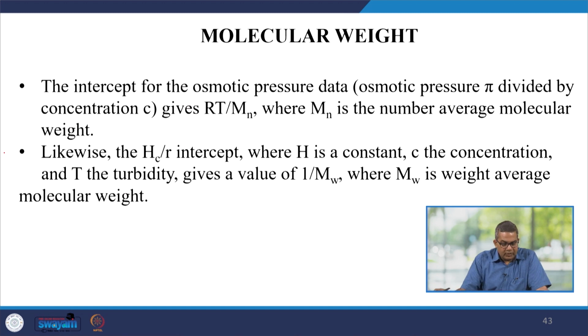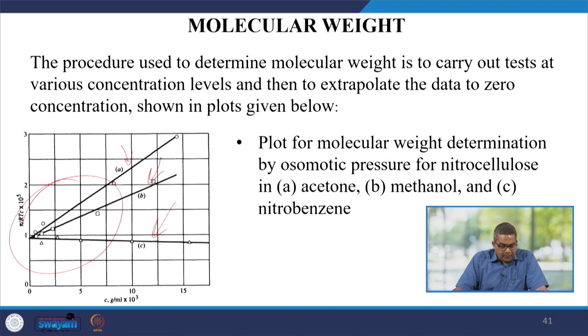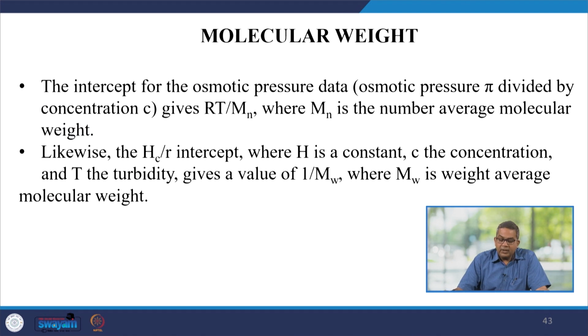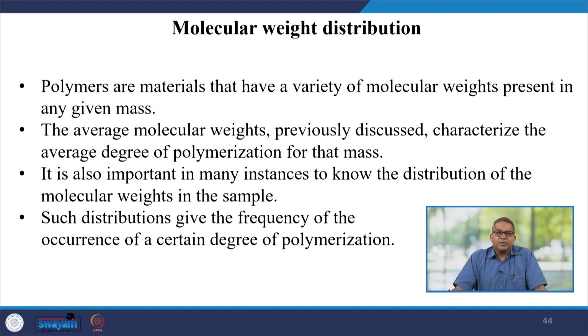Now the intercept of osmotic pressure: the osmotic pressure divided by the concentration gives RT over Mn, where Mn is the number average molecular weight. Likewise, in the light scattering, HC over tau, where H is the constant, C is the concentration and tau is the turbidity, the intercept gives the value of 1 over the weight average molecular weight.